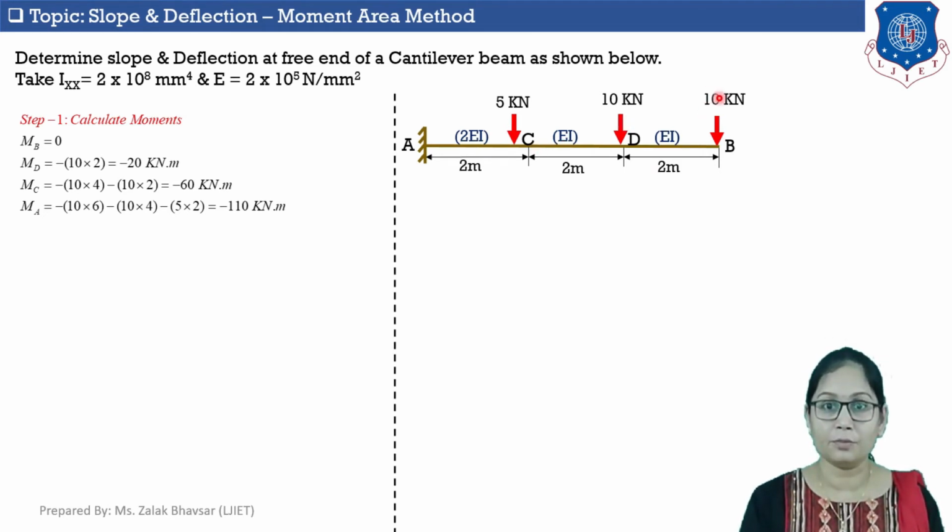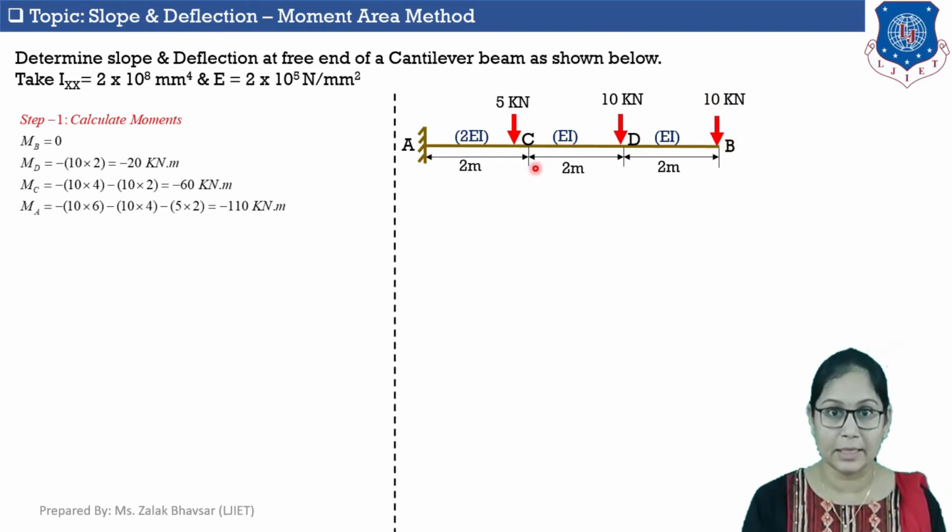So moment of this 10 kilonewton load at point B about point C is 10 kilonewton, which is load, into 4 meter, which is distance between line of action of this 10 kilonewton load from point C. Similarly, moment of this 10 kilonewton load at point D about point C is equal to 10 kilonewton into 2 meter. So total moment at point C is equal to minus 60 kilonewton into meter.